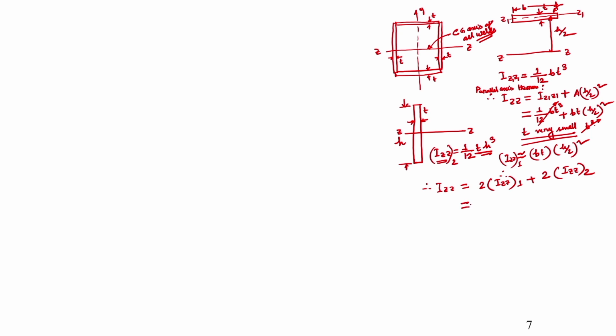So, this will be equal to 2 into BT into h by 2 squared plus 2 into 1 by 12 T H cubed, correct. These things are very clear to you. Now, this is the overall IZZ.